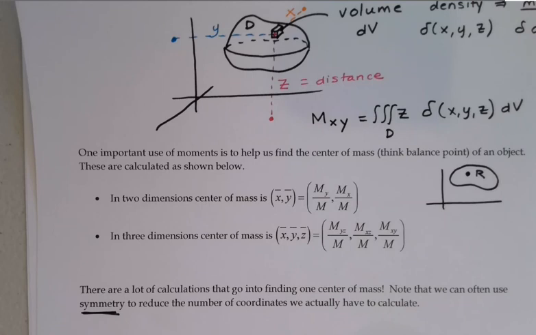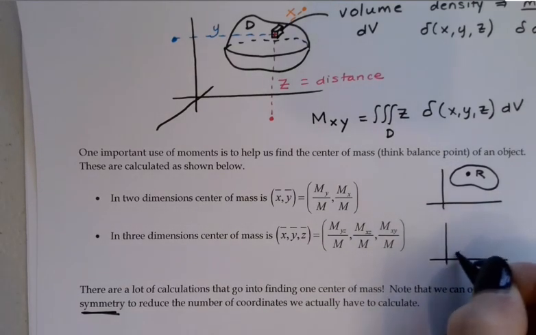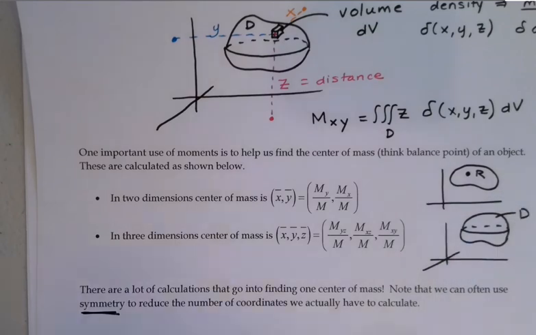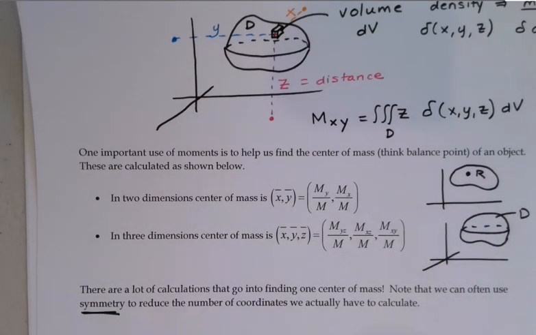The other thing to notice is that whether we're talking about a 2-dimensional region or a 3-dimensional object, once we set up our limits of integration over that region or over that object, the limits of integration won't change, no matter whether we're calculating mass or any of the moments. So we do the limits of integration once, and then we can reuse them numerous times, which helps out a lot as well.